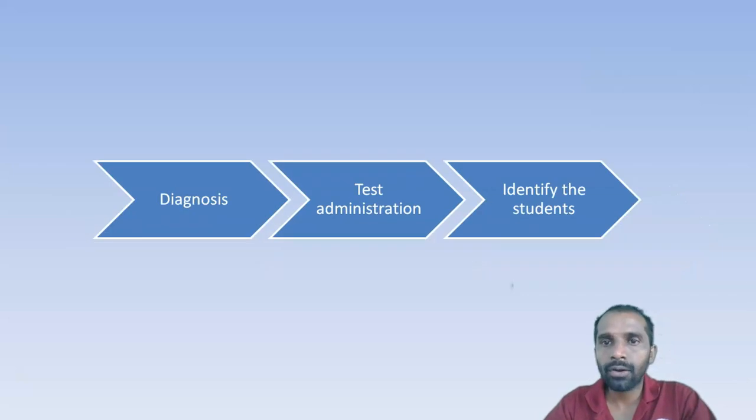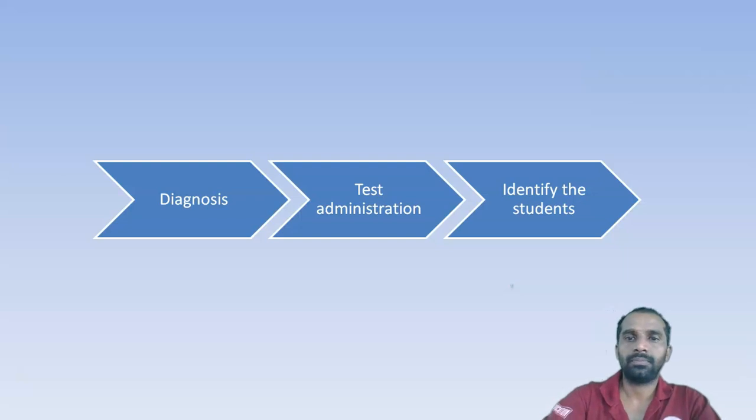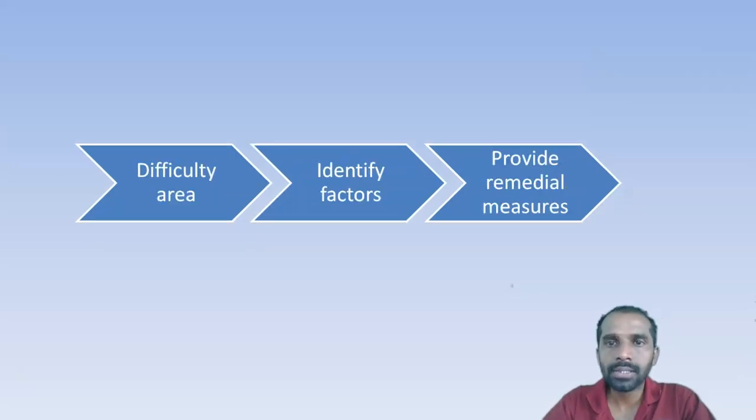Next, a course of diagnosis: administer a general achievement test or use the data of previous testing. Identify pupils who need help. Next, locate the area of difficulty. Identify causal factors and provide remedial measures.